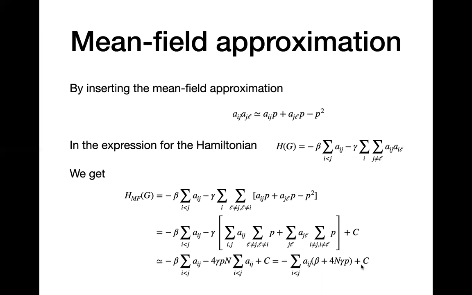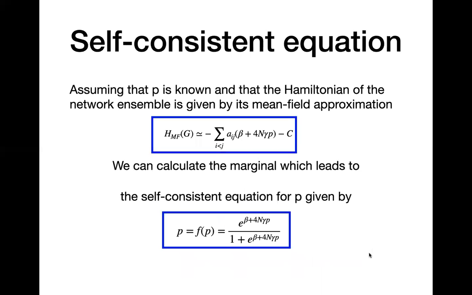This constant is not generally a problem, because a constant in the Hamiltonian cancels out when you measure the marginal, and you can see this directly if you try to do the calculation. So you have this mean field expression of the Hamiltonian, and this is just linear in the adjacency matrix.